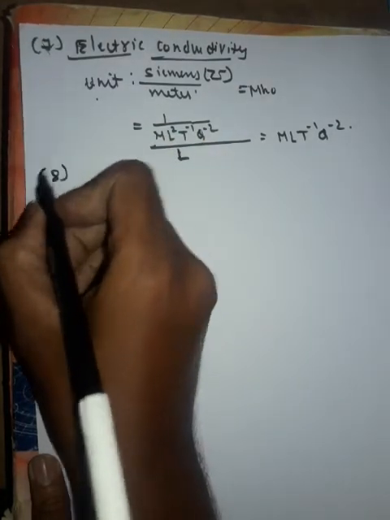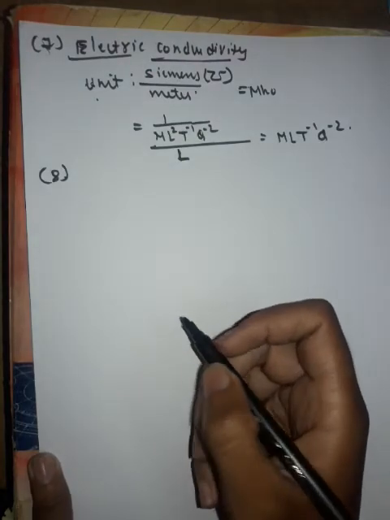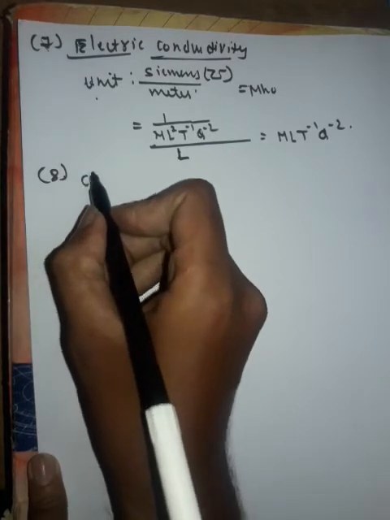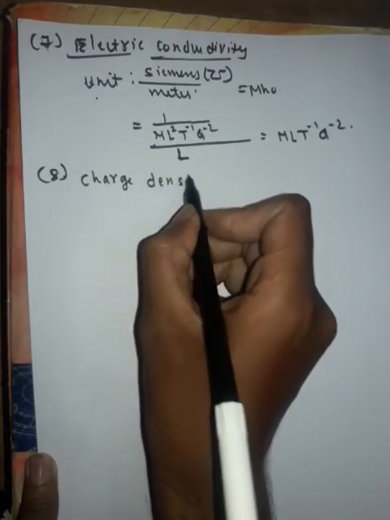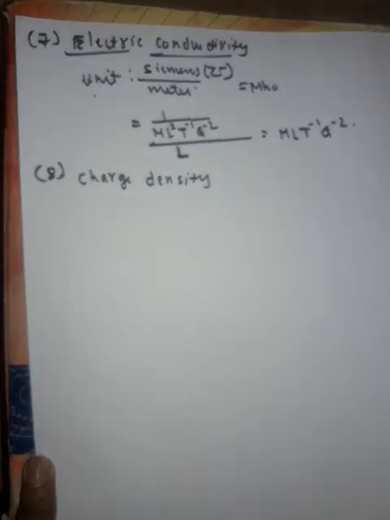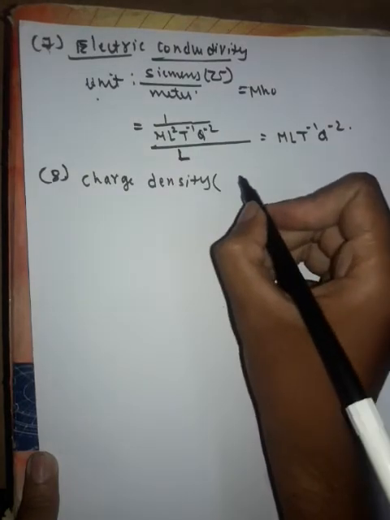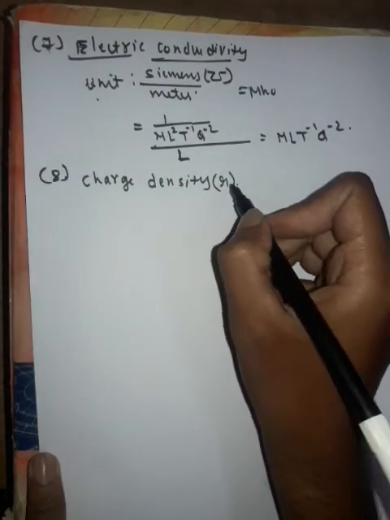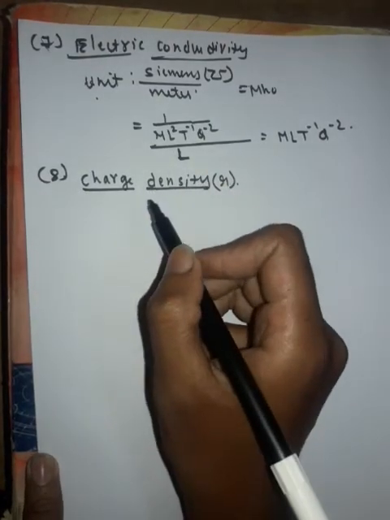The next comes charge density. What is charge density? It is denoted by small r. Let me tell you the definition of this charge density.